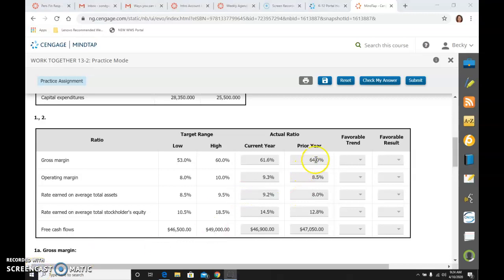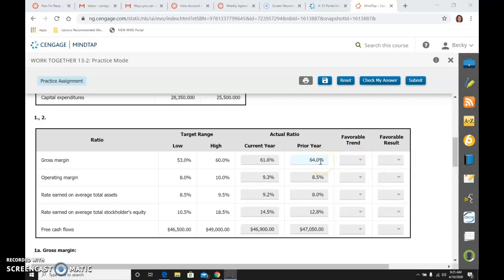So now that you have all of that data in, let's go through this favorable trend and favorable result. Favorable trend is saying, from previous year to this year, if things are getting better or worse.